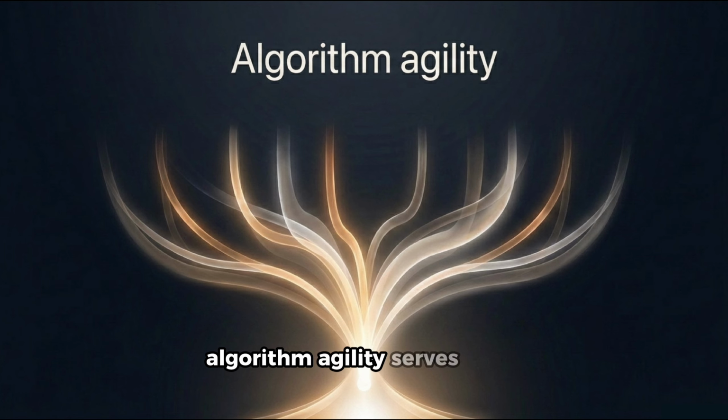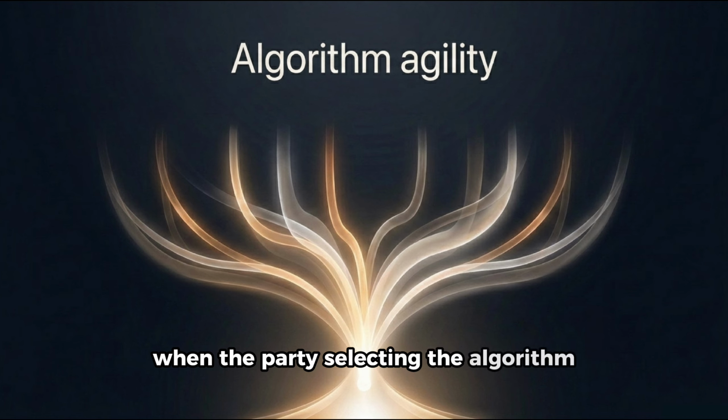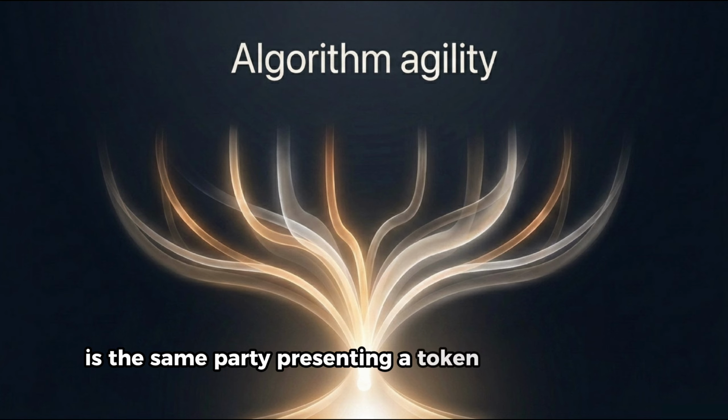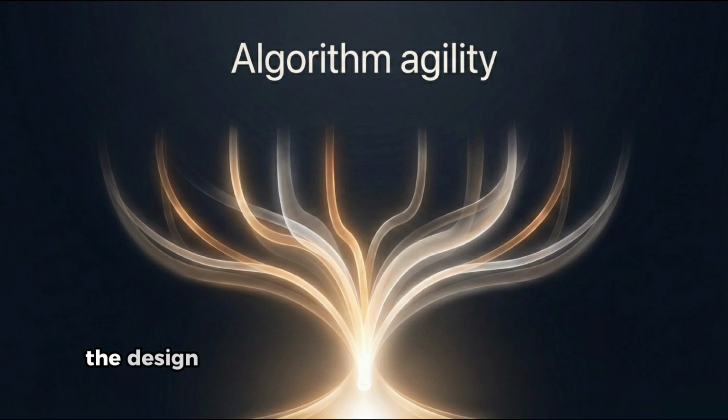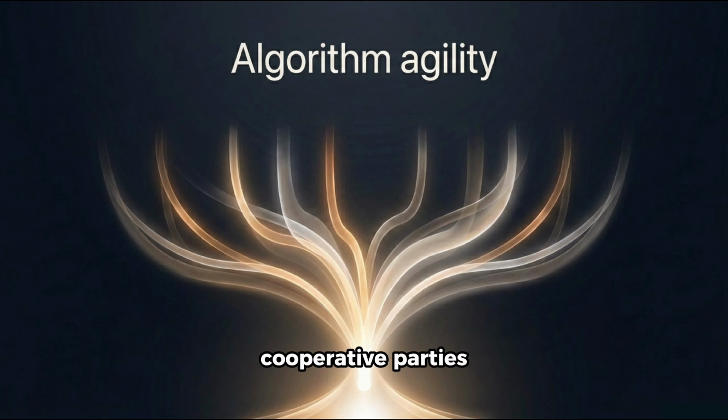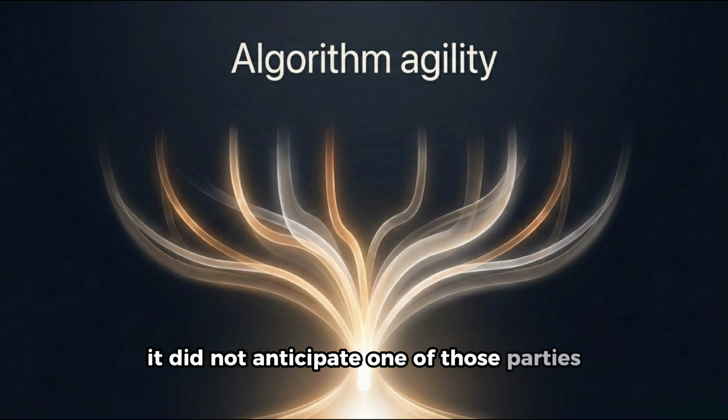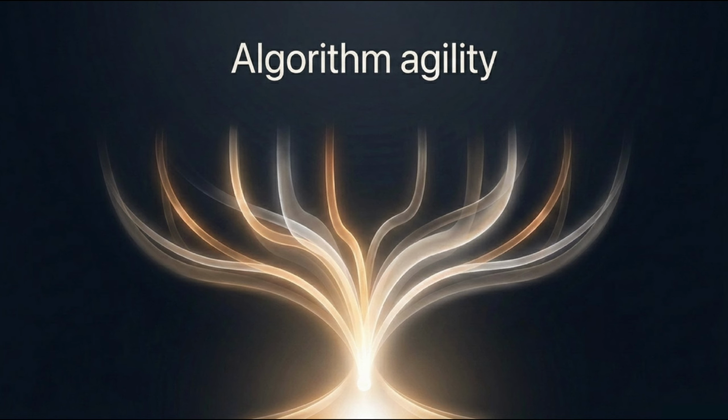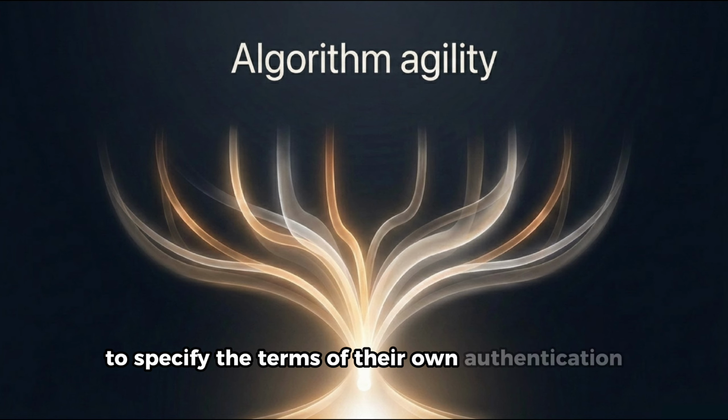Algorithm agility serves them. It becomes exploitable when the party selecting the algorithm is the same party presenting a token for verification. The design anticipated negotiation between trusted, cooperative parties. It did not anticipate one of those parties using the negotiation surface to specify the terms of their own authentication.